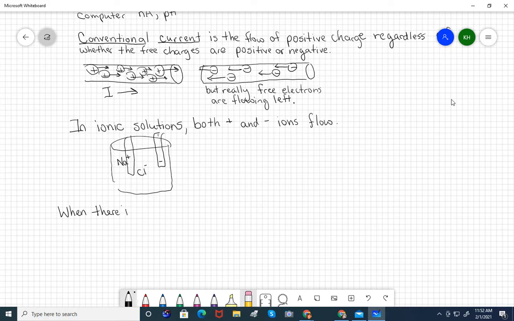When there is a steady flow of charge in a closed loop, the current is the same everywhere.